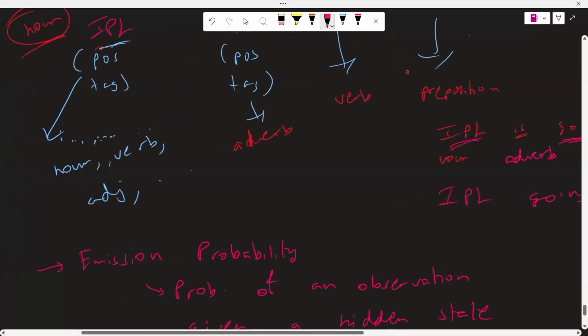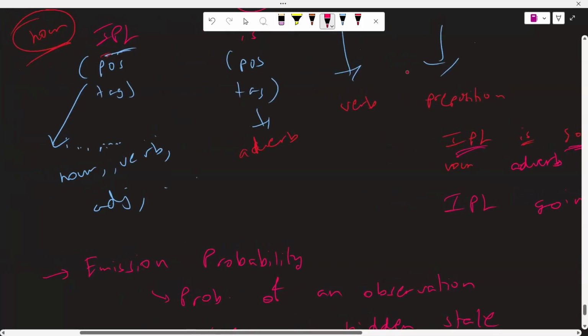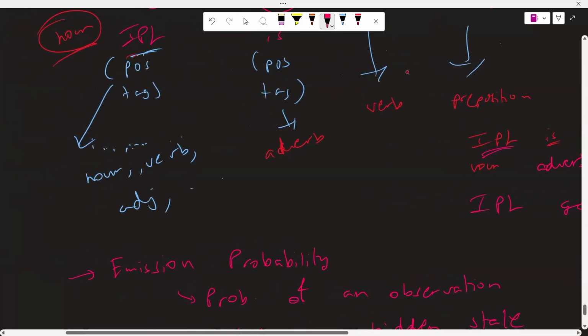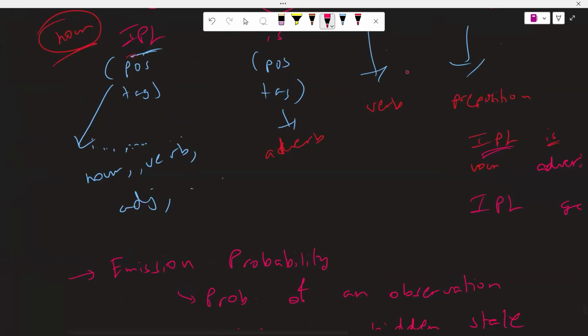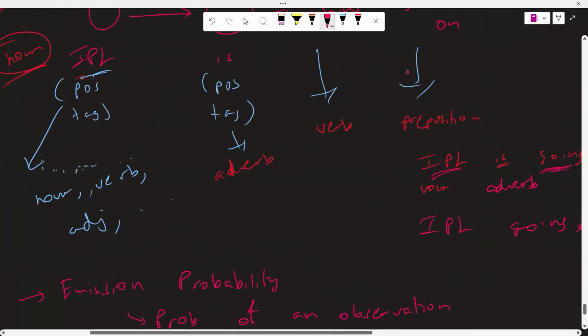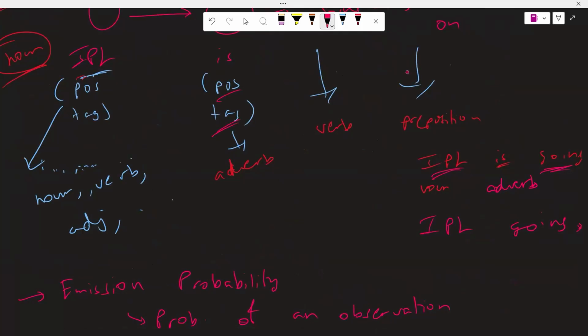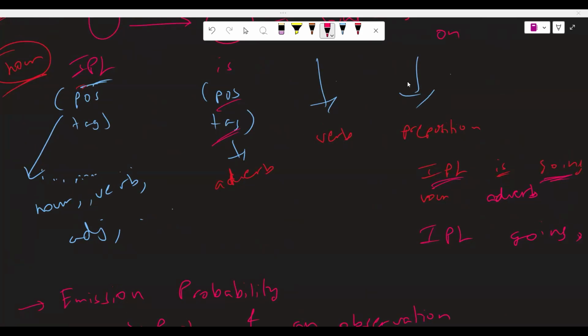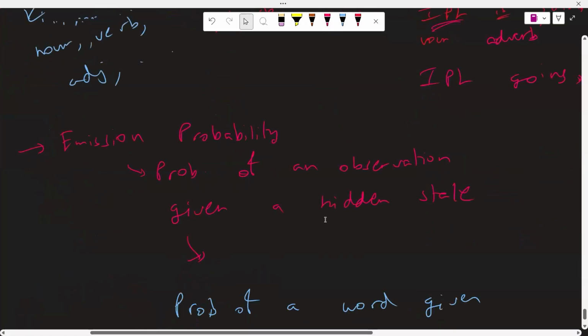So based on that, you are identifying, hey, if the word is noun, what is the chance of the next word to be, right? So now your probabilities are going to be based on the POS tag as well. So you will compute the emission probability. You will get to see which words can occur, along with the previous probability, which is your transition probability.